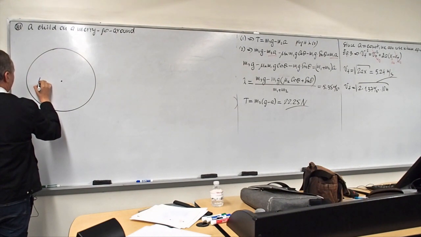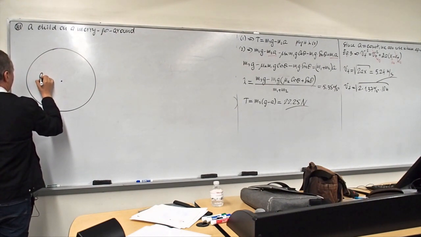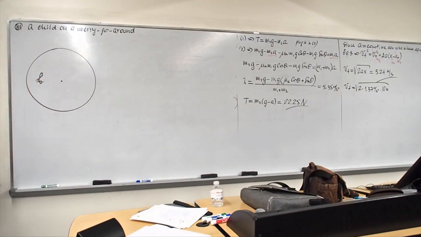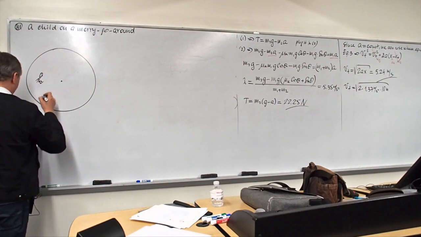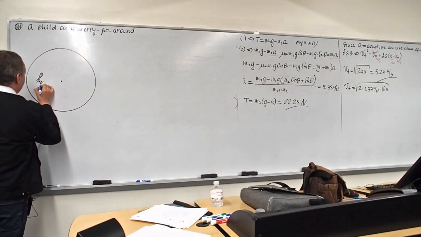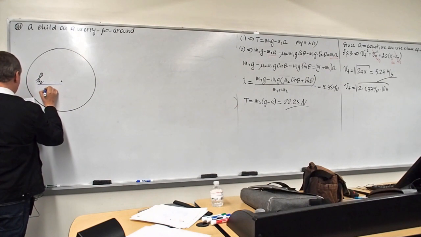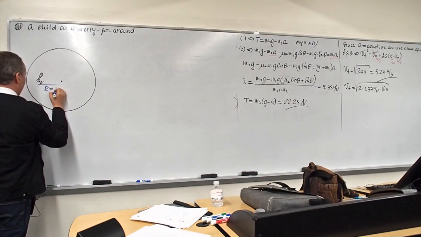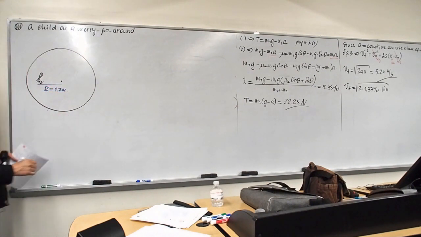Let me give him 2 legs. Okay, happy face, mouth. It's called modern art. This is, let's say, the radius, the distance is 1.2 meters from the center of the merry-go-round.